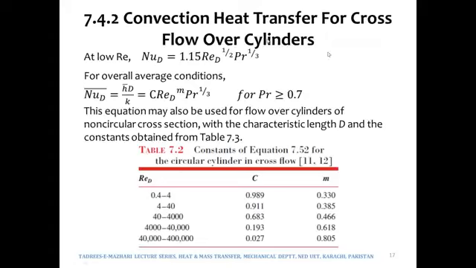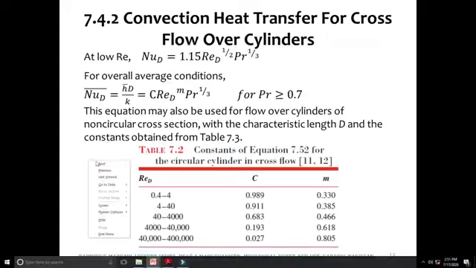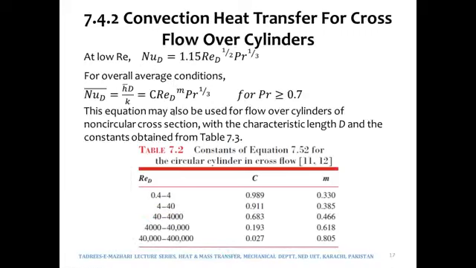Now in this particular equation there are two unknowns that you can see over here, C and M. So this table, which is table 7-2 of our book, will be used to find out the values of C and M, and that would depend upon the value of Reynolds number.